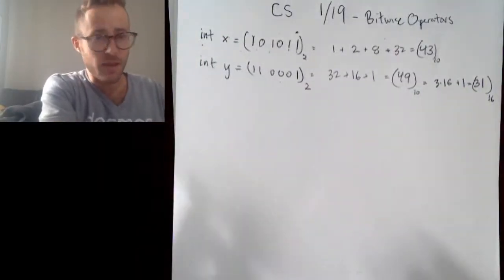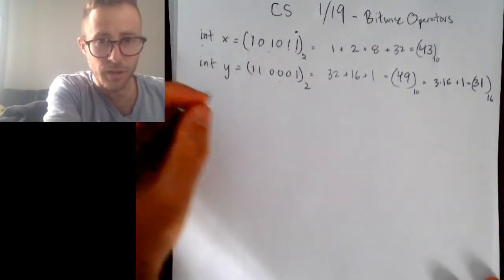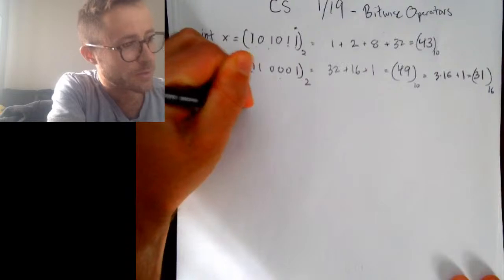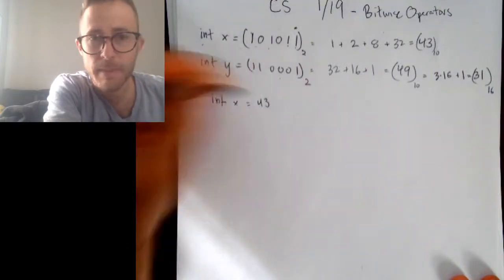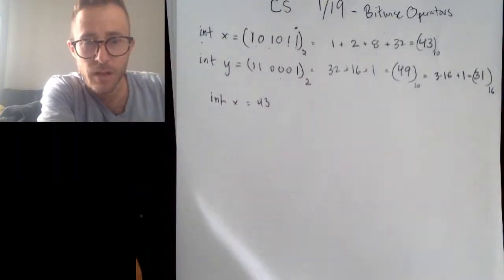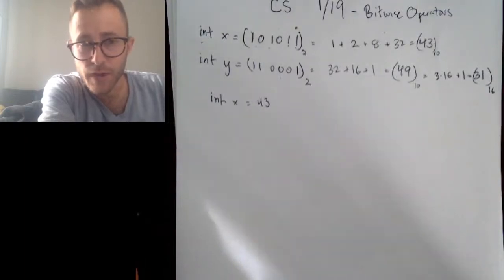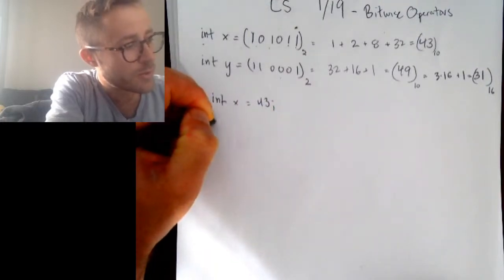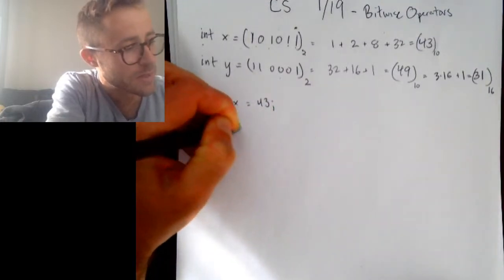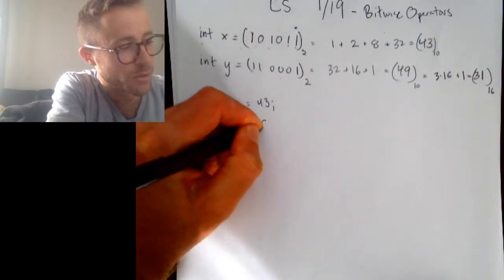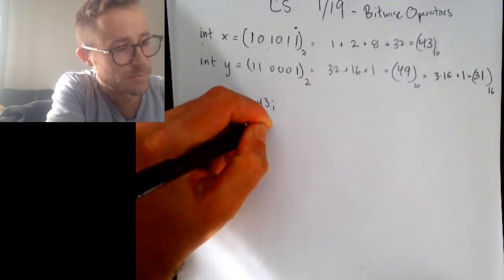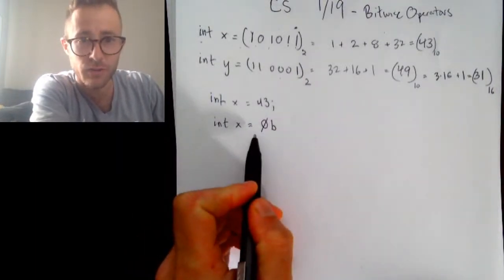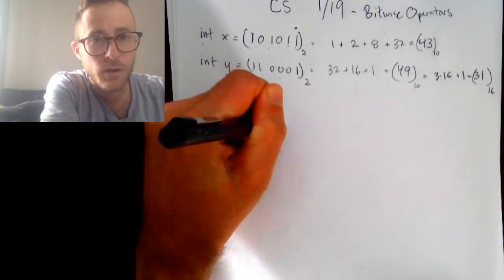If I wanted to, in my Java program, I could write int x equals 43. But you can also define it as a binary number if you do the following declaration: int x equals 0b 101011. So 0b means the integer that follows is going to be expressed in binary.